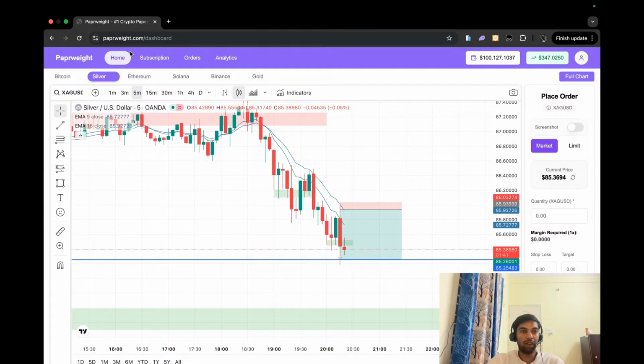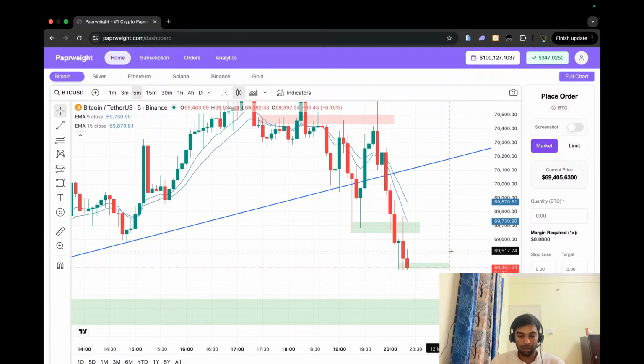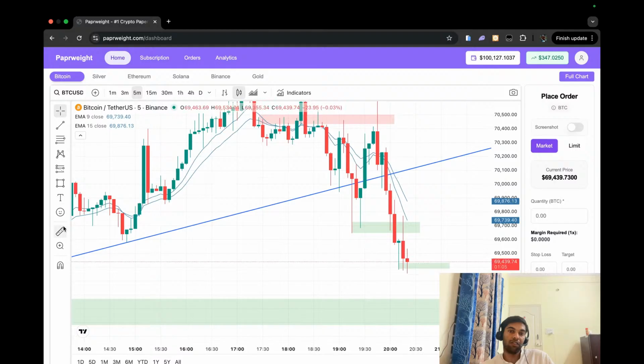Now we will find opportunity in Bitcoin, guys. A pullback is pending in Bitcoin, but Bitcoin is going in a downward direction like a free fall. Should have shorted here.